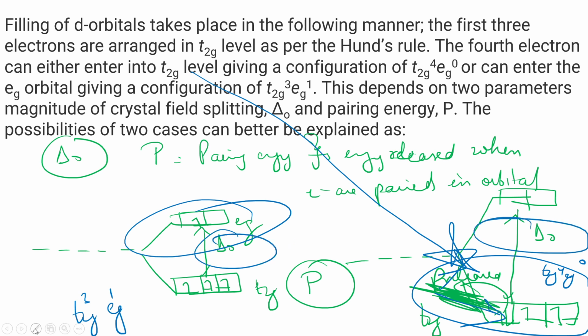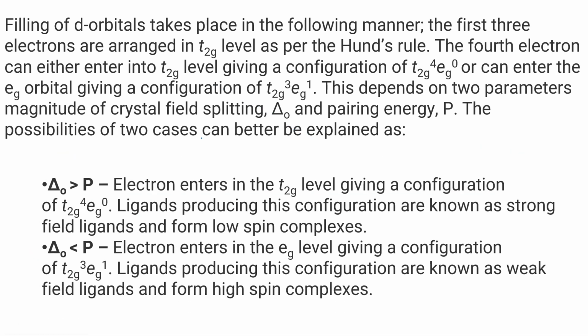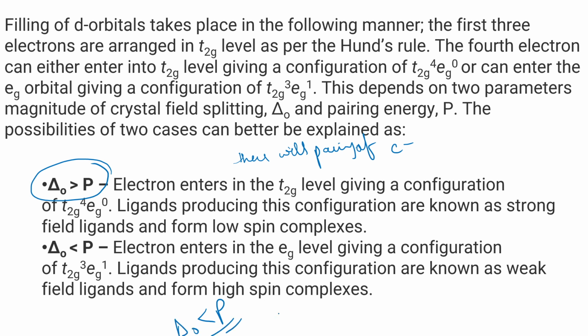This can be explained as follows. If delta O is greater than the pairing energy, there will be pairing of electrons. If the pairing energy is greater than delta O, then electrons will be filled in the eg orbital.